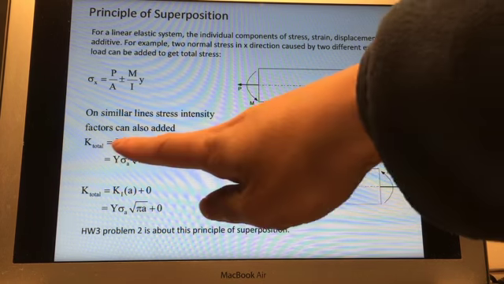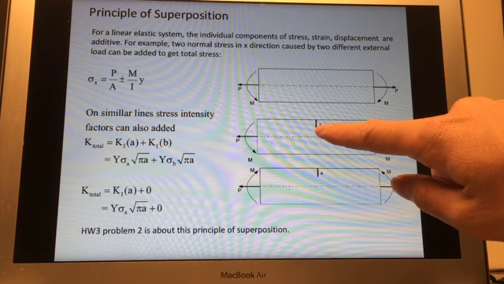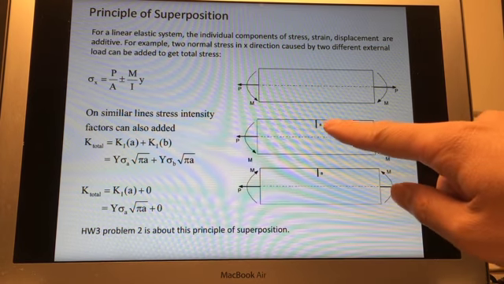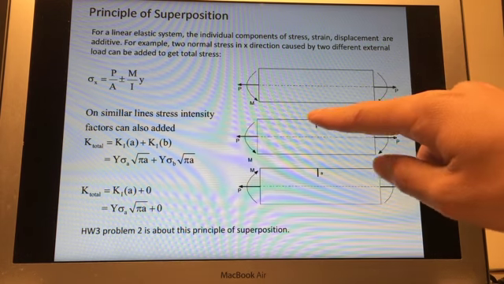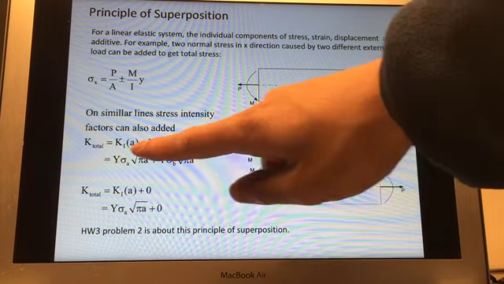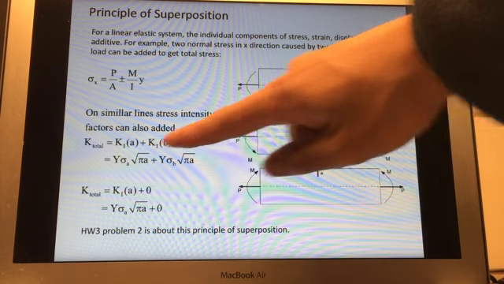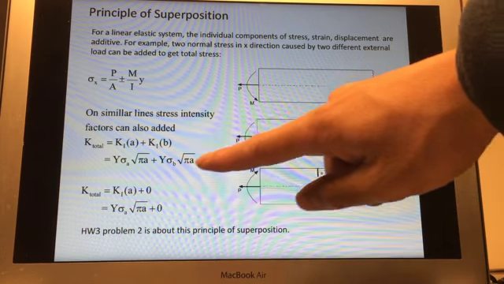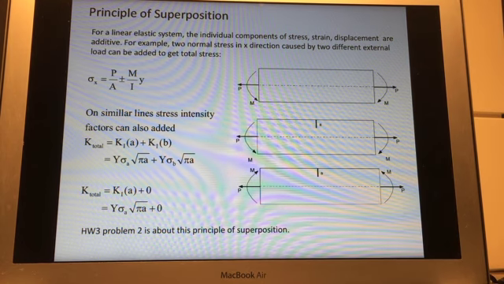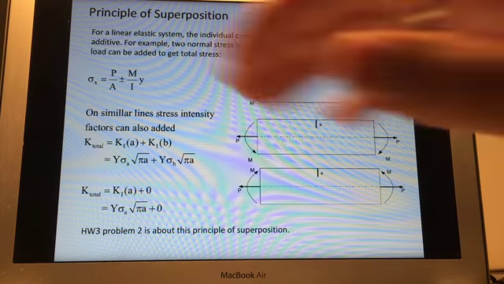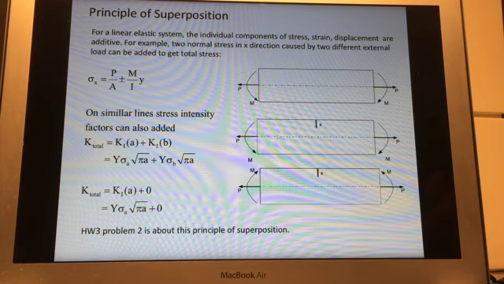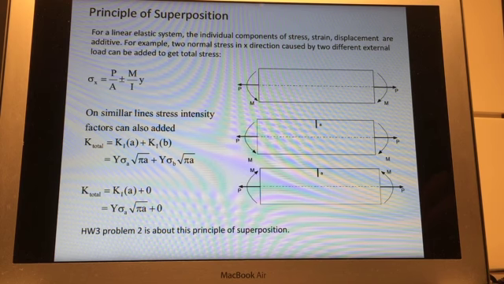So you can see that the K total, the crack driving force or the stress intensity factor for this crack, can be written in terms of the superposition, or the summation, of these two parts, and it's here. And then it equals K1A plus K1B.